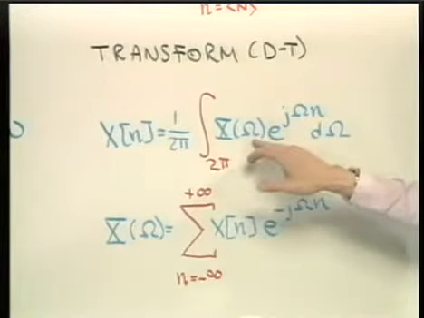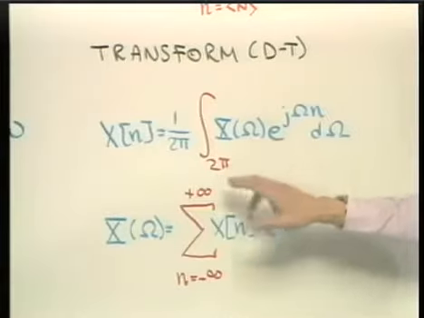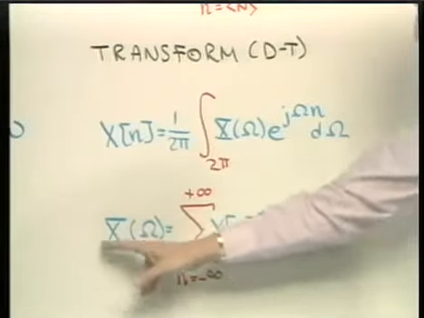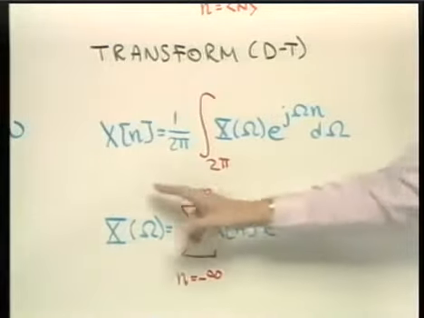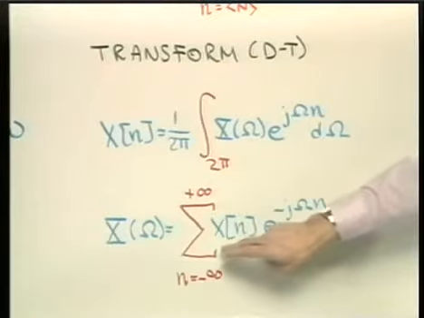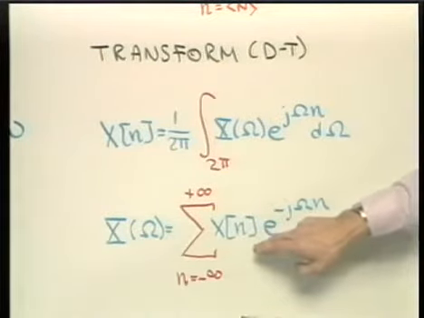And this term, X(omega), which is the Fourier transform, is given by this summation, and, of course, involves all of the values of x[n].